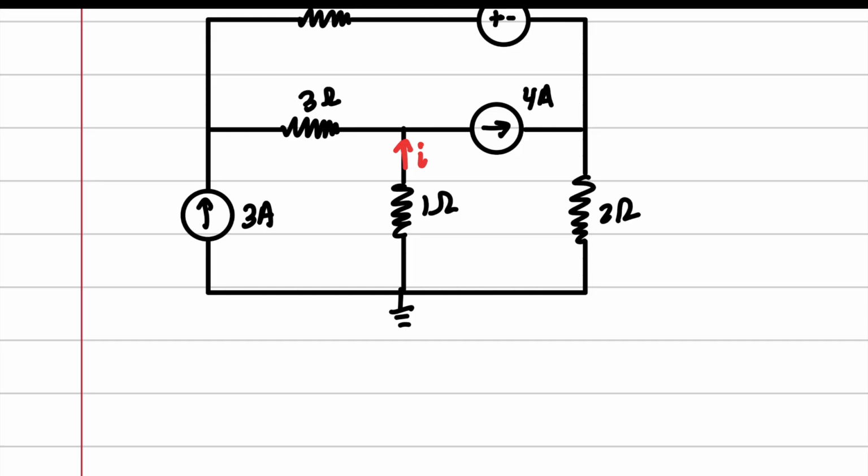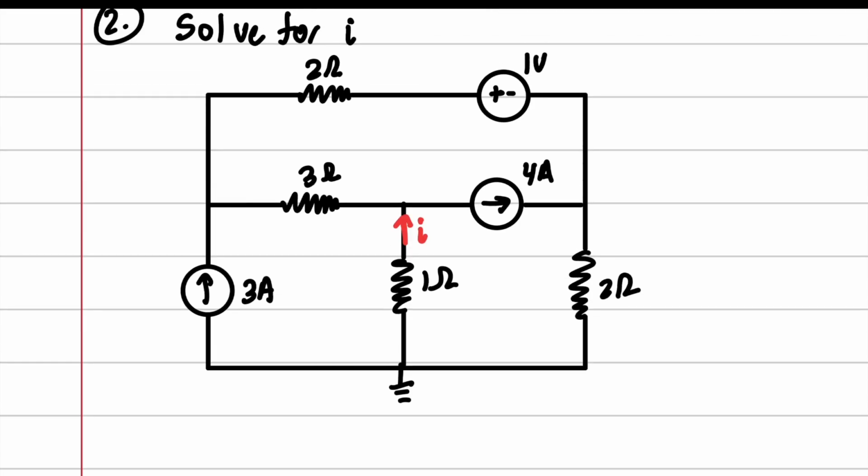Anyway, alrighty. So this one has a few current sources in it. Now, the way that we solve for current sources is that we assign an arbitrary loop with our current source, okay? What do I mean by that?